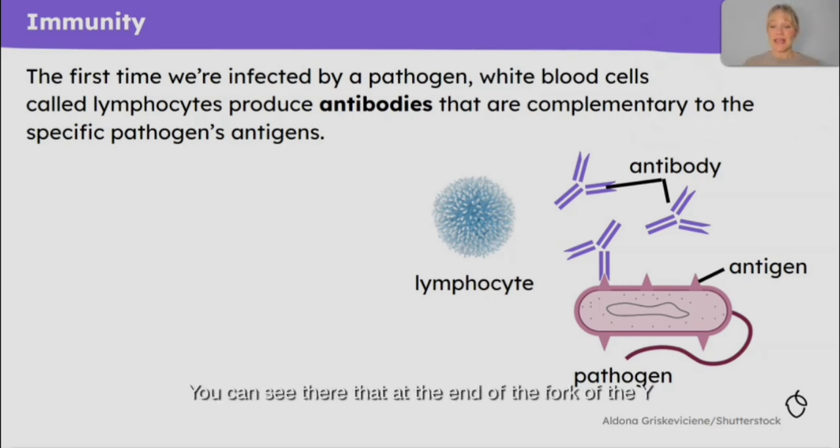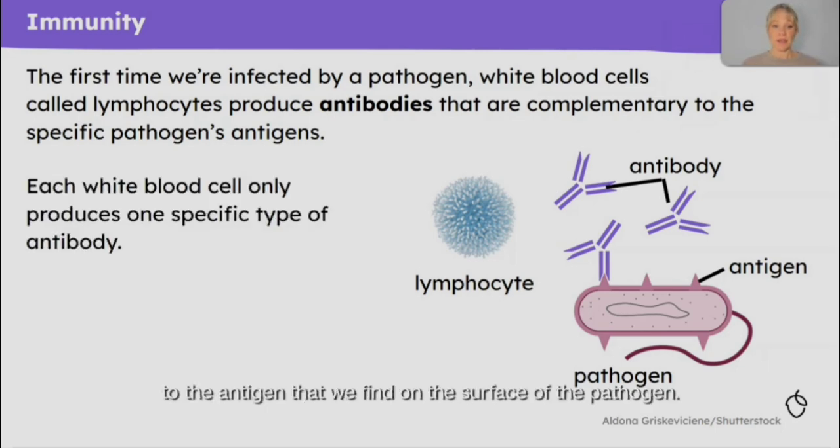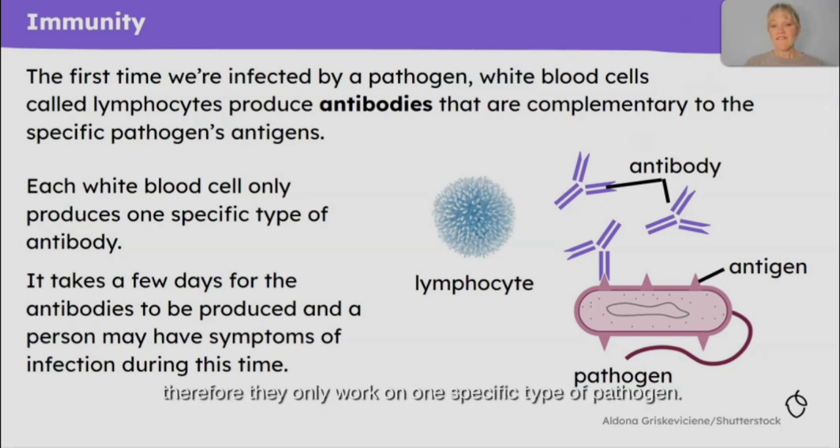You can see there that at the end of the fork of the Y on the antibody, that little binding site has a complementary shape to the antigen that we find on the surface of the pathogen. Each white blood cell only produces one specific type of antibody. Therefore, they only work on one specific type of pathogen.